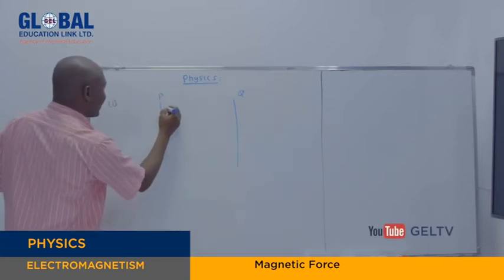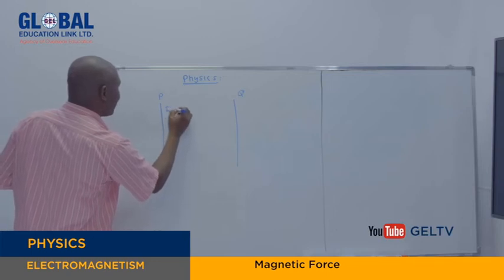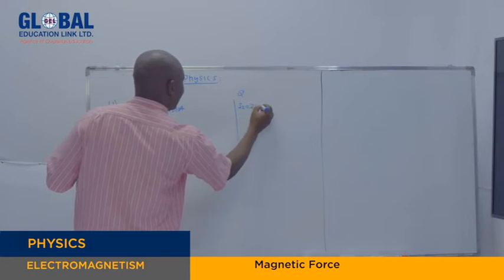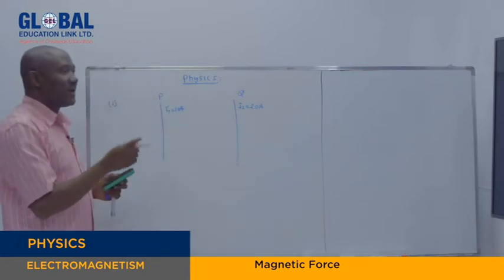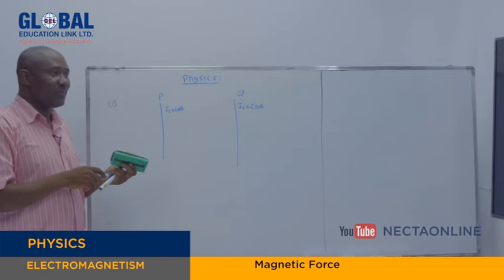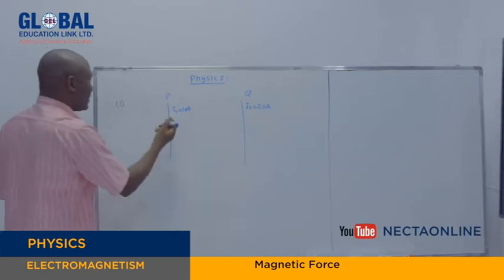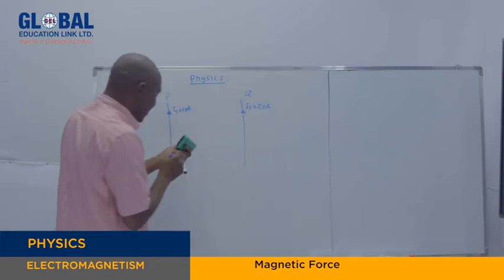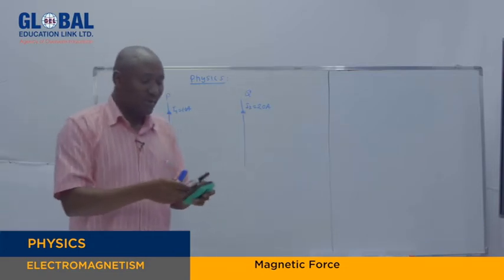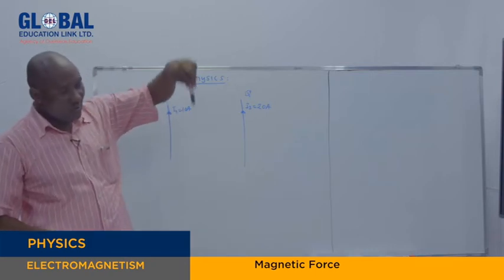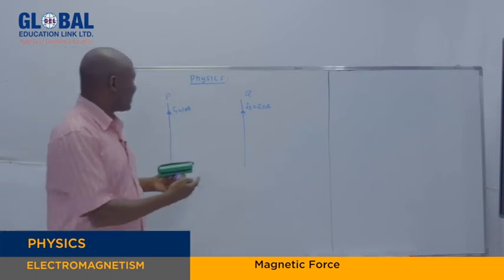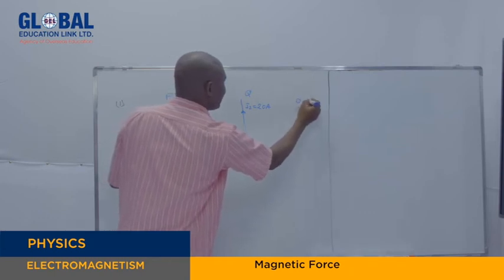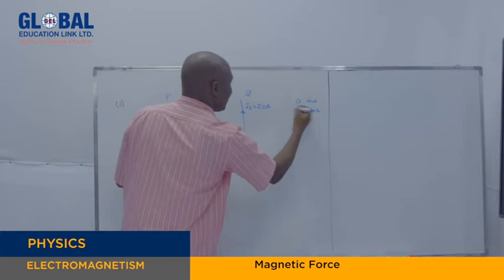Current 1 here is 10 amperes, and current 2 is 20 amperes. These two currents are out of the plane, moving upward like that. Remember, last time we talked about out of the plane; it might be out or into the plane, and we use symbols: a dot here means out, and a cross means into the plane.